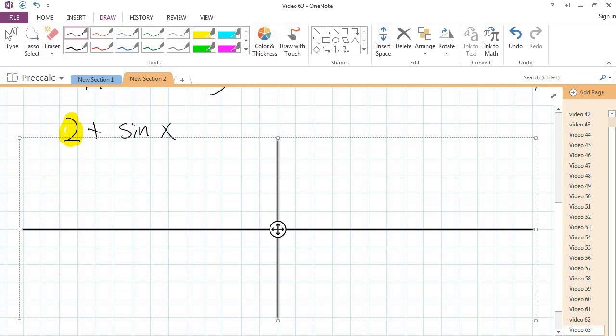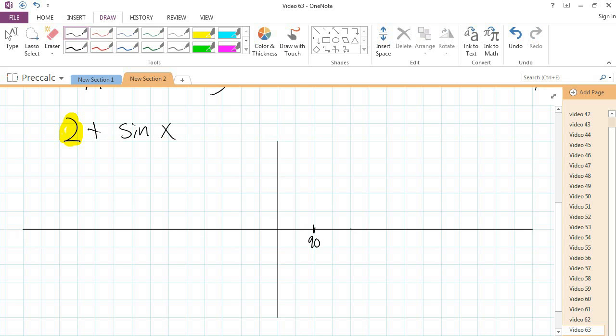Well, if you recall, when we graphed sine of x, first of all, our x-axis isn't going to change. I'm going to mark up my x-axis in the same way that I did previously. Every mark is worth a quarter of the period. And I do my sine dance starting at 0, middle up, middle down, middle up, middle down. What's going to be different is this vertical shift is going to change where my middle is.